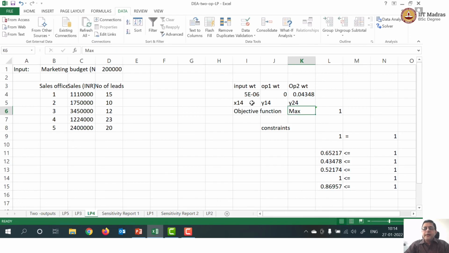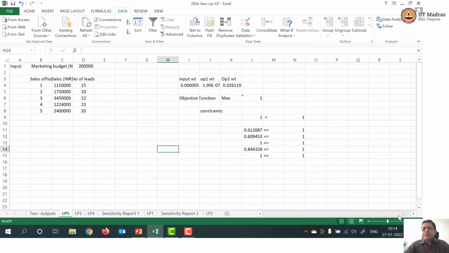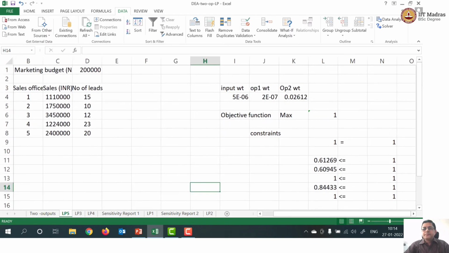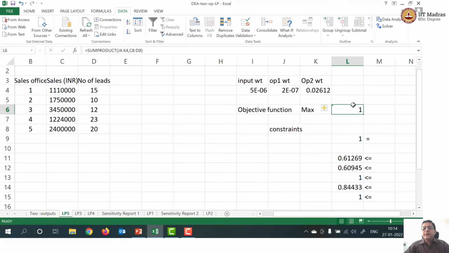And by nicely balancing the input and output weights, even sales office 4 has reported an efficiency of 1. Even sales office 5 will report an efficiency of 1.